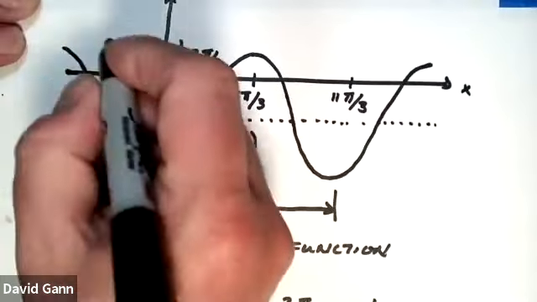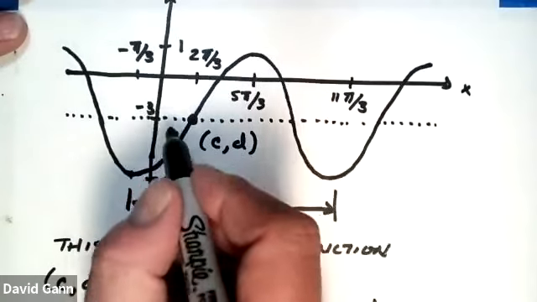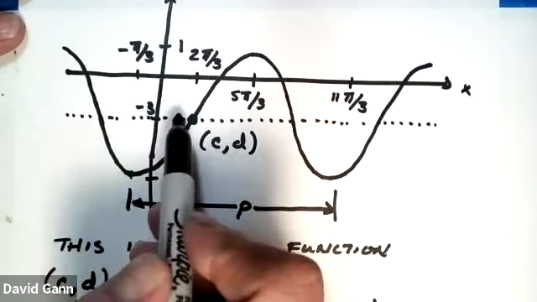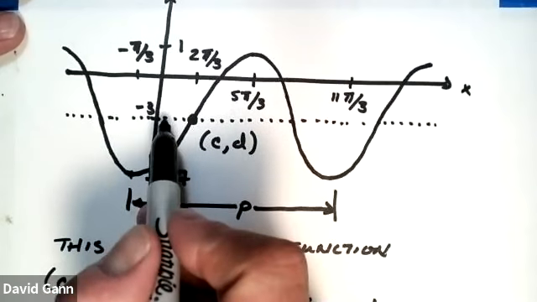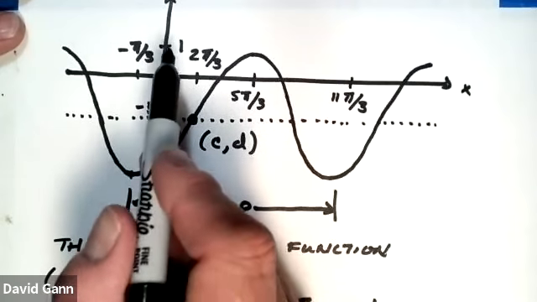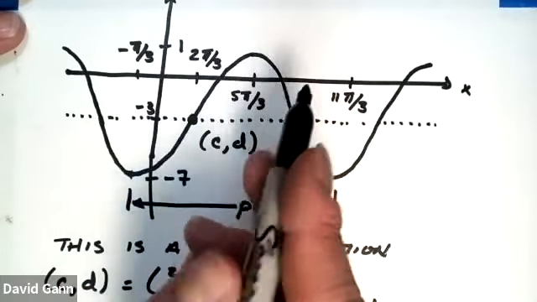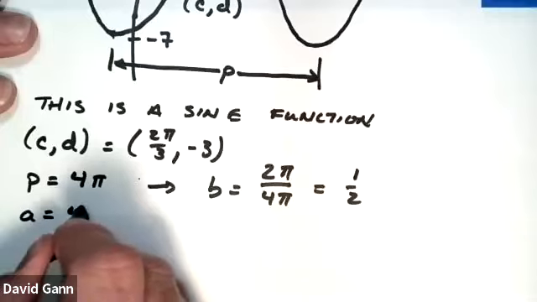So the A value is the difference between the baseline and the high point, at least on the sine and cosine function. So you'd have to go up 1, 2, 3, 4 units to get from -3 to 1. So A is equal to 4.